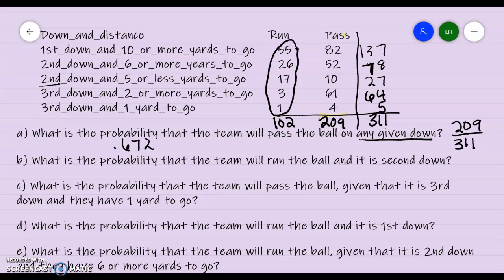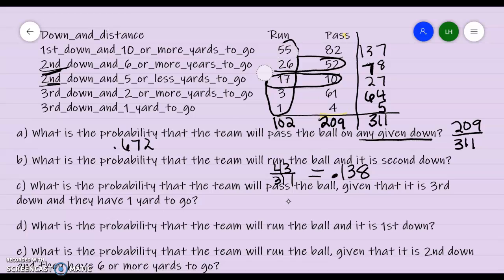Here are the second downs. You can see that the ones that are circled twice are 26 and 17. So that would be 43 divided by 311. So that's how you do the "and."